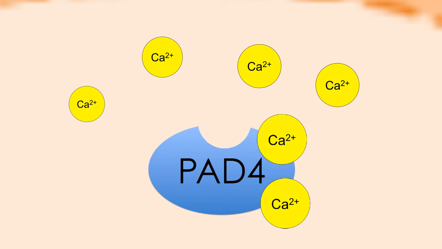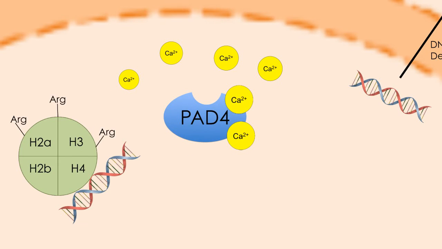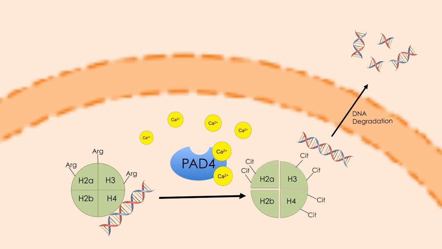The extremely active PAD4 deaminates histones non-specifically, which will greatly reduce their positive charges. Without their basic arginine residues, the binding strength of histones to the acidic DNA is reduced. As the nucleosome unfolds, DNA becomes susceptible to nuclease attack.